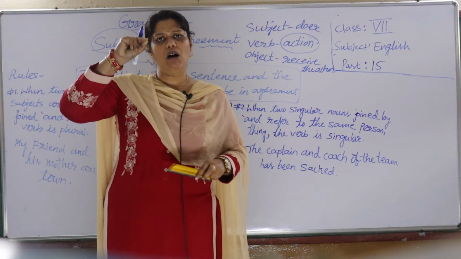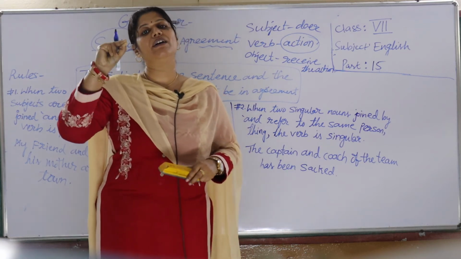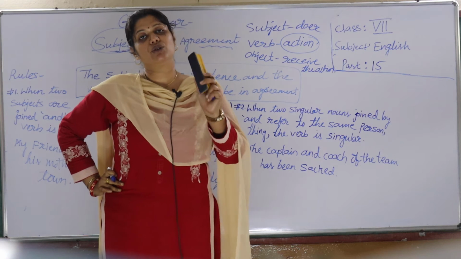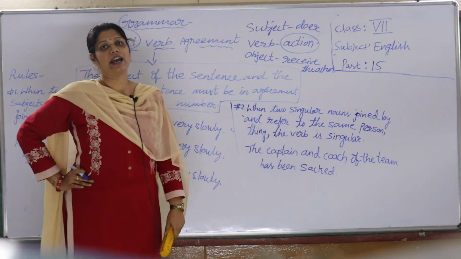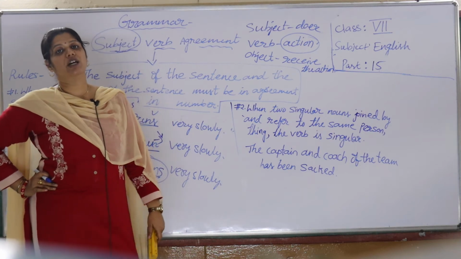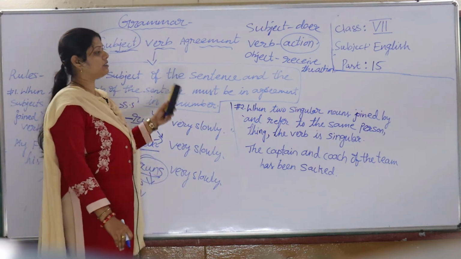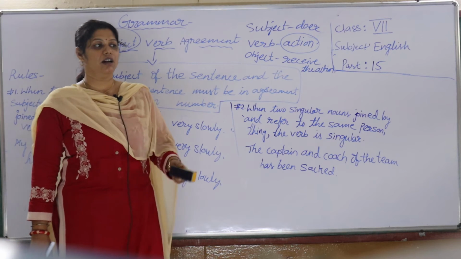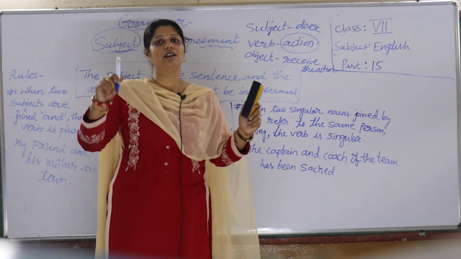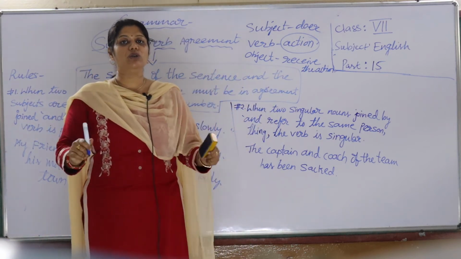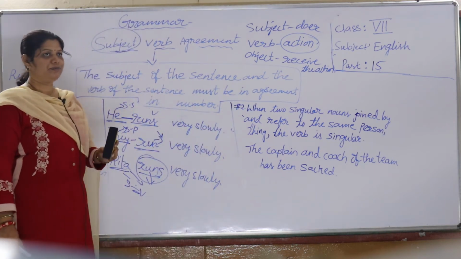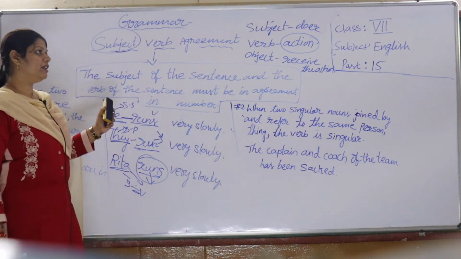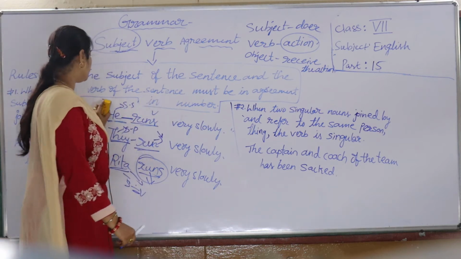That is the small twist you have to remember, children. Keep it inside your mind to understand subject verb agreement, how the subject agrees. A singular subject takes a singular verb. That singular verb is added with s or es. For example, she.